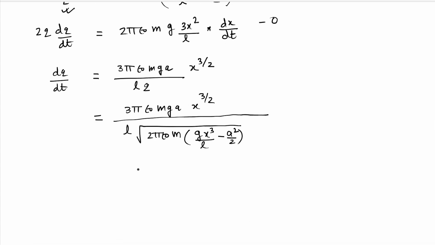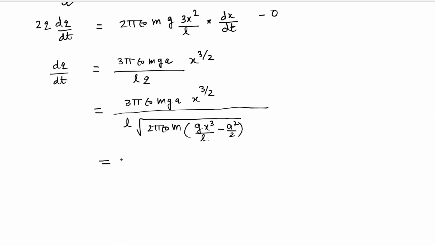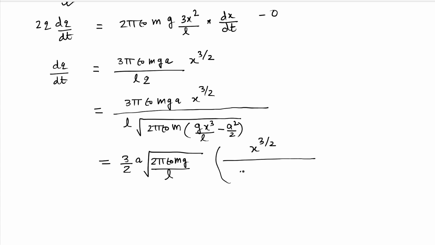With a little bit of simplification, we can get 3 by 2 a times 2 pi epsilon naught mg by L, and here we get x to the power 3 by 2 divided by x³ minus L a² by 2g, whole to the power 1 by 2.